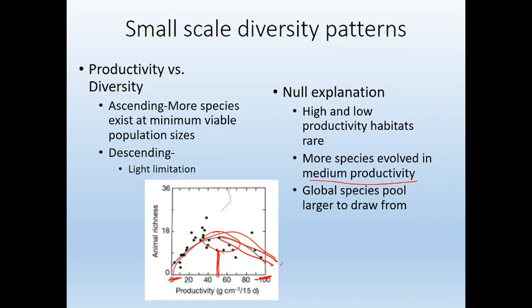So one of the ways you can think about how species get to an area is, let's say we open up a piece of land in Wisconsin, where we cut down a forest, plow it over, and just let it grow.